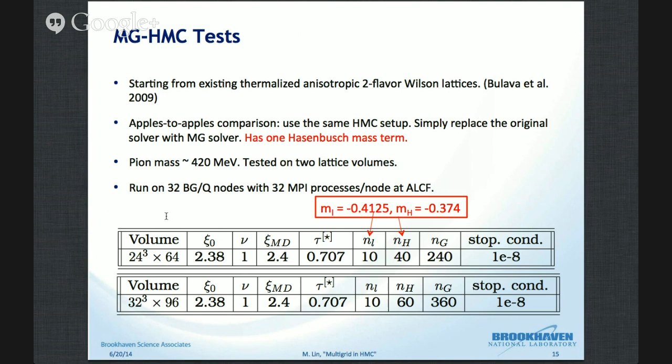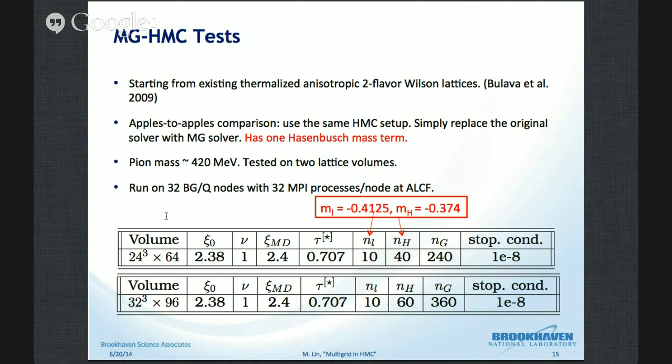In the original HMC setup, they only used one Hasenbusch mass term. So the light dynamical quark mass is this value, which gives you a pion mass of about 420 MeV. It's a relatively heavy pion mass. And the Hasenbusch term is a much heavier mass here.